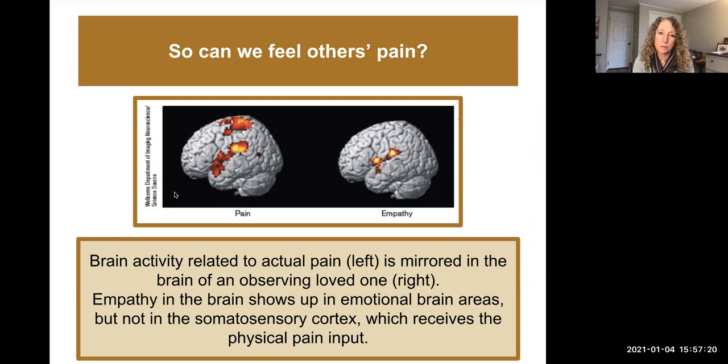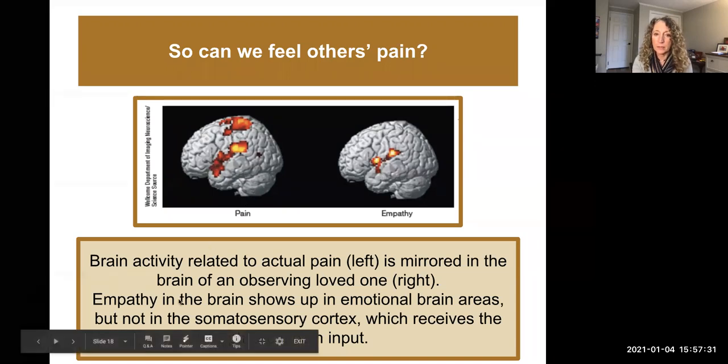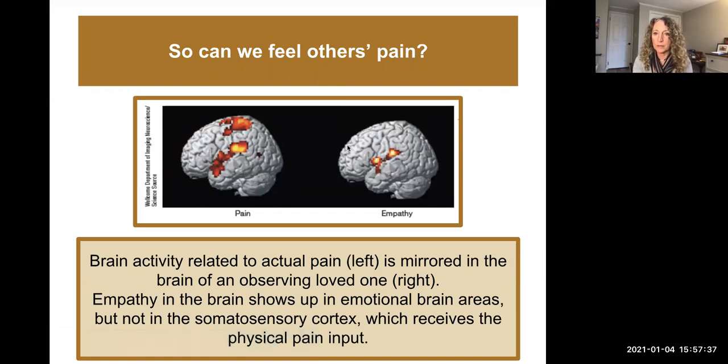In this particular case, this person here on the left is feeling the actual true physical pain, and these different parts of the brain are activating. And then the empathy of the loved one who was observing it involves more of the emotional parts of the brain, like the amygdala and the limbic system areas.